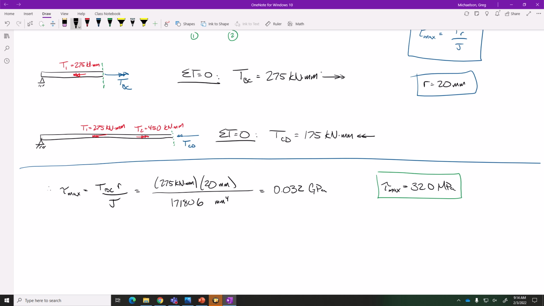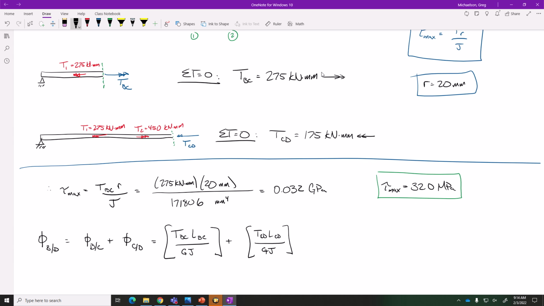And the final thing that I will say is that the problem is also asking for the total angle of twist, from point B to point D. And the way that you do that, I don't want you to think that's really complicated. All it is, is the angle of twist from B to C plus the angle of twist from C to D. So all you're going to do is say TBC LBC over GJ plus TCD LCD over GJ for the other shaft.